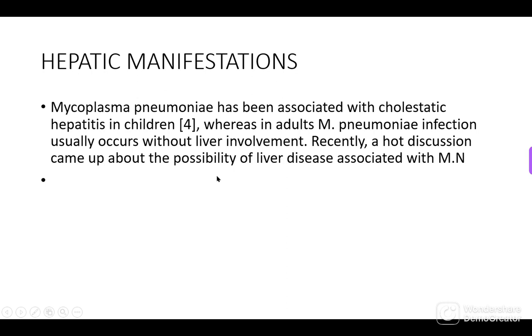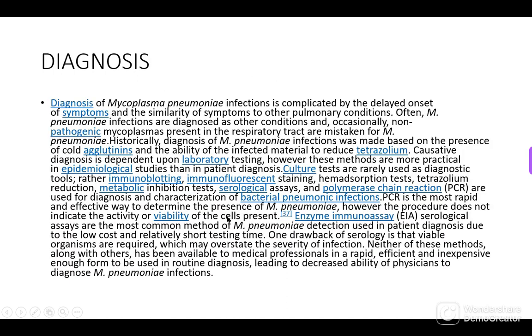Recently, a hot discussion came up about the possibility of liver disease with the mycoplasma pneumonia in the adults also. The hot discussion, they do not accept that it is a very, very common manifestation.